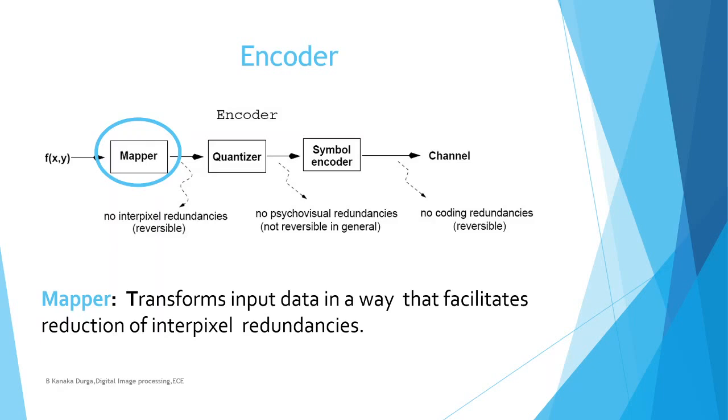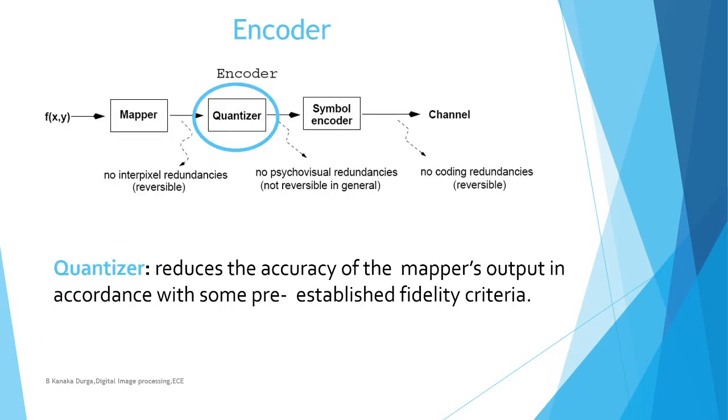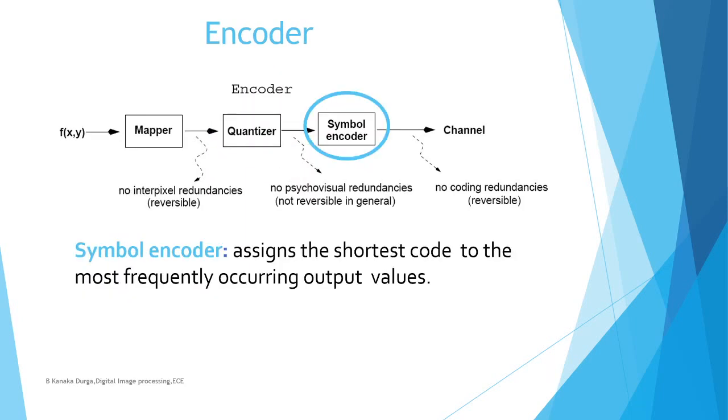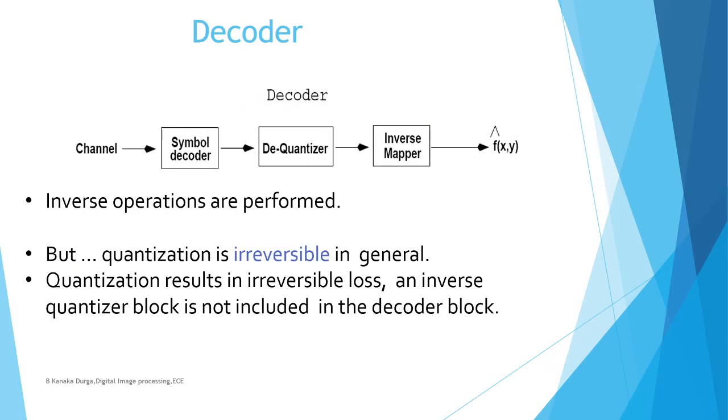When it comes to the coding section, the symbol encoder can be a reversible process. So the mapper transforms the input data in a way that facilitates reduction of interpixel redundancies. The quantizer reduces the accuracy of the mapper output in accordance with some pre-established fidelity criterion. And the symbol encoder assigns the shortest code to the most frequently occurring output values.